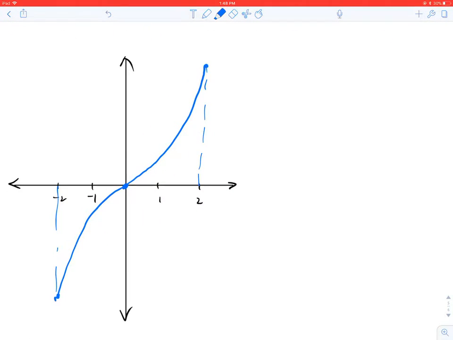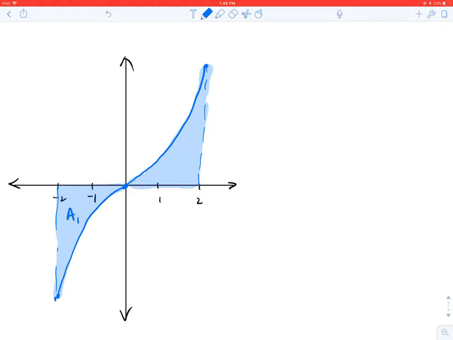So I'm going to highlight the area that we're trying to find. This is another one where it looks like the area above the x-axis is equal to the area below the x-axis. So if we were to integrate this function from -2 to 2, we would just get 0.